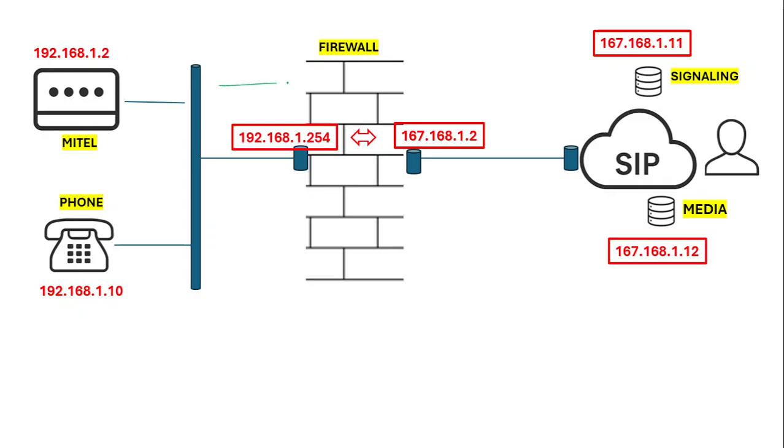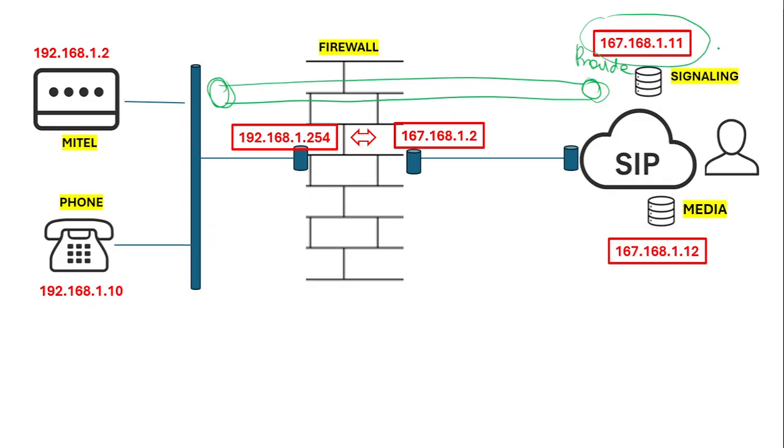Let me use green here and put up a SIP trunk here. This side is the provider, and this is the IP address of the provider, and the provider is on port 5060.